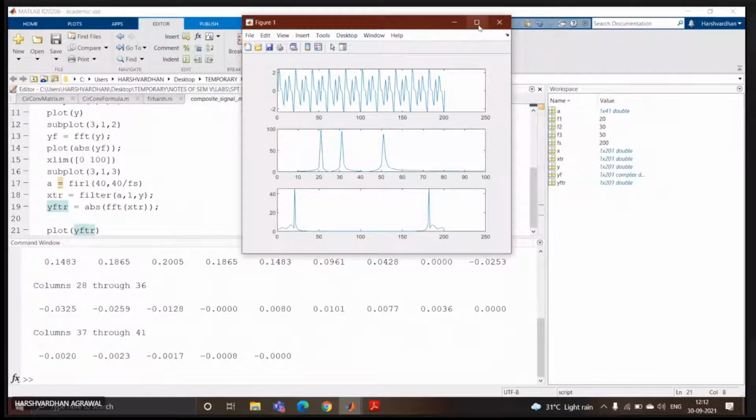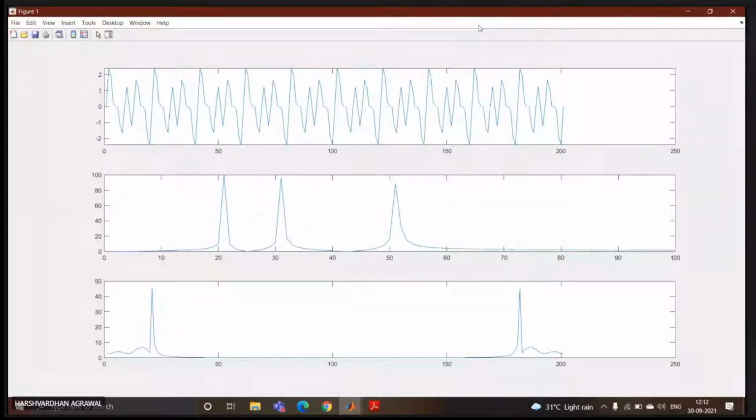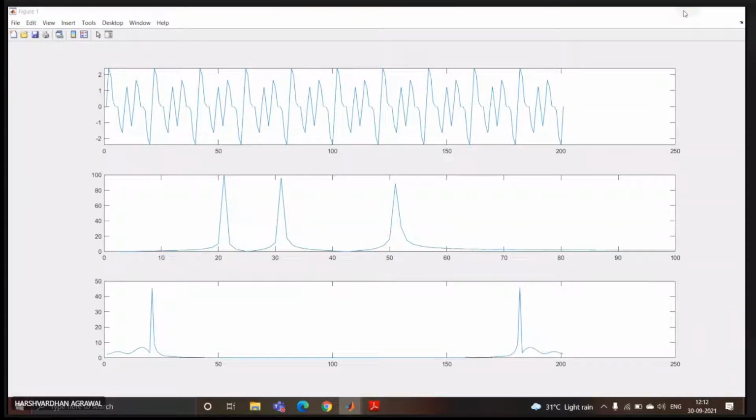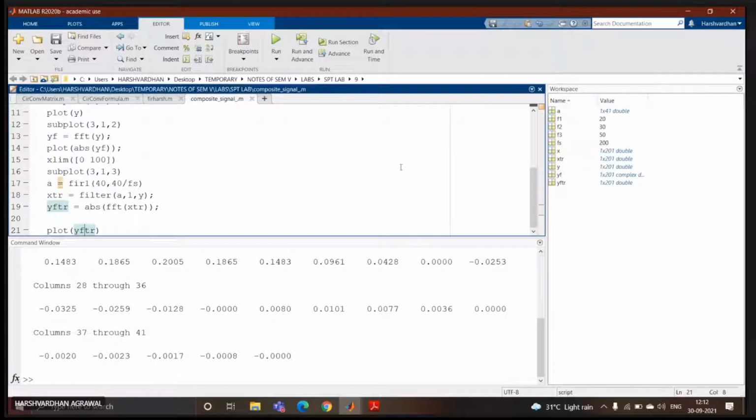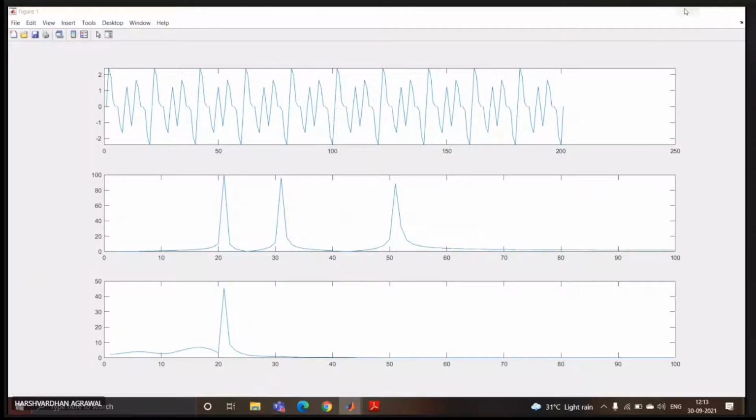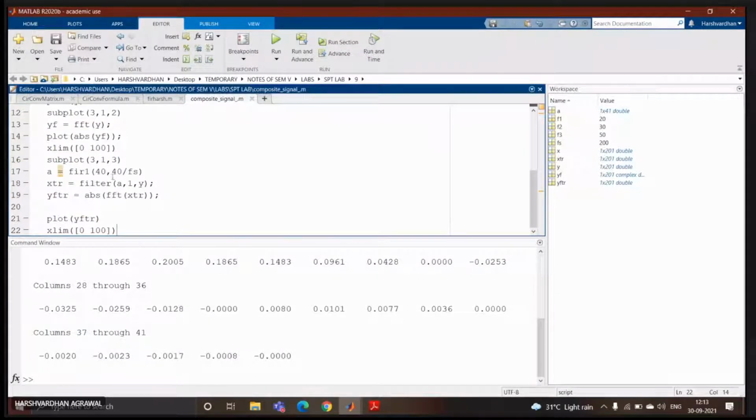Yes, sir. I've seen. Again, I need to change the axis. Yes, change the axis. The normalized cutoff frequency, put it around 50 by fs.